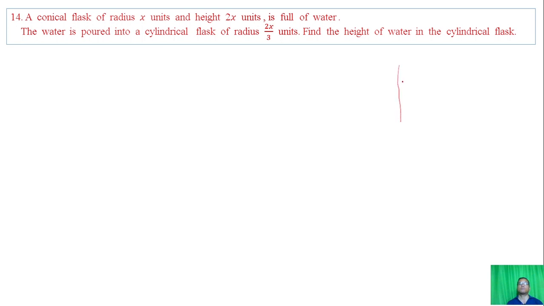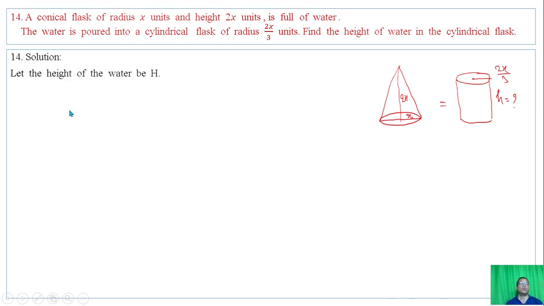Let the height of the water be h. The volume of the cylinder is equal to the volume of the cone.